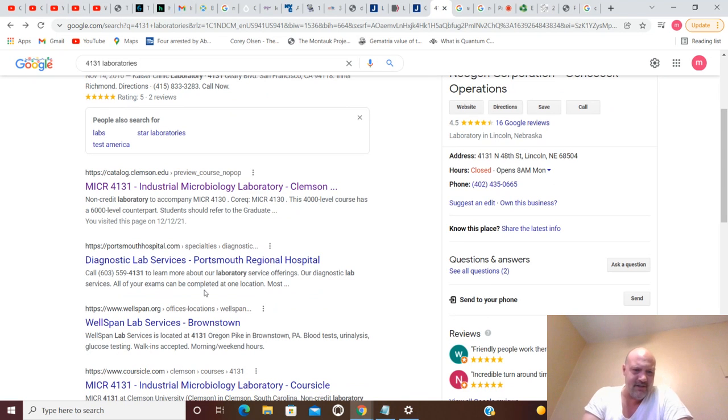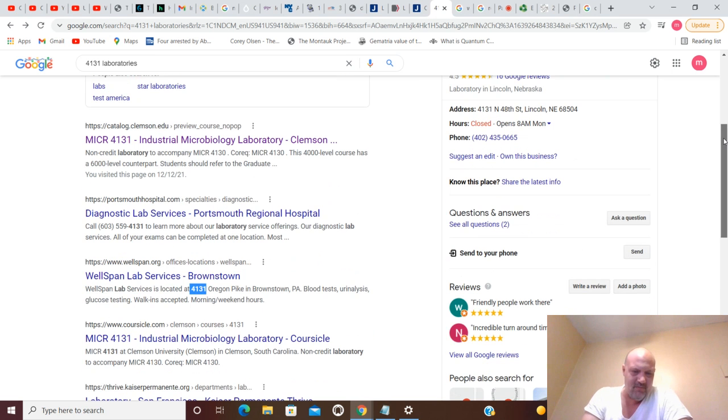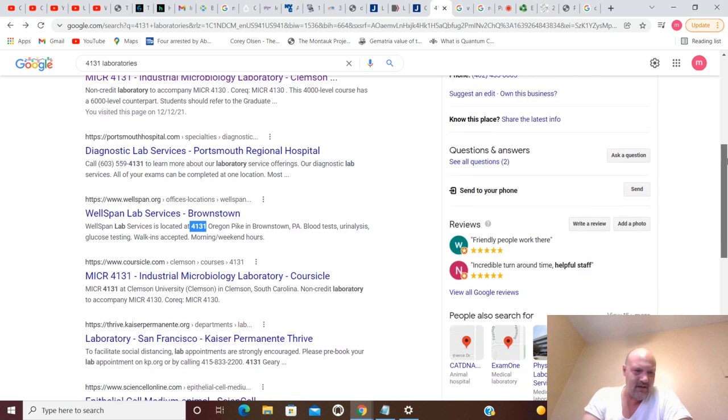Diagnostic Lab Services. And there's your 4131 as part of a phone number. Wellspan Lab Services at 4131, part of an address, Oregon Pike in Brownstone, Pennsylvania, I think. There's your MICR 4131 Industrial Microbiology Laboratory, Corsical.